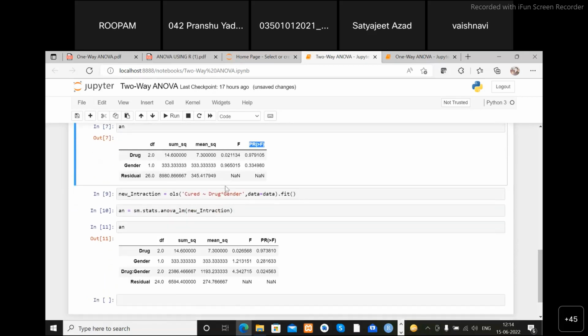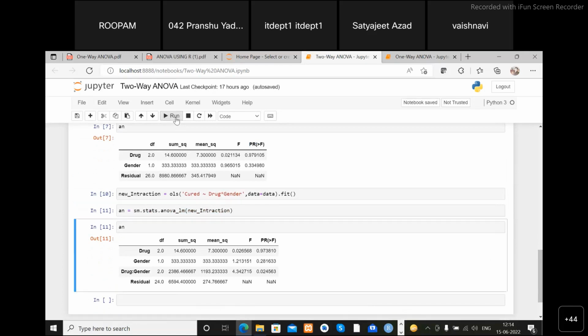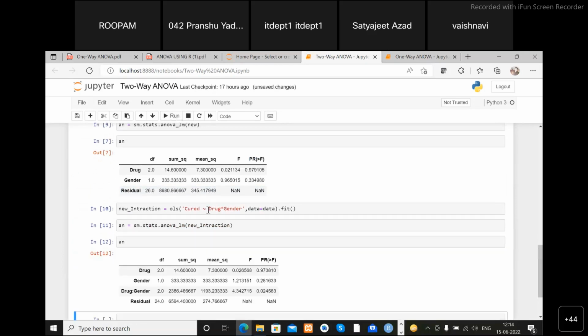But here, if you see this interaction one, it means if I select a particular gender and a particular drug, whether there is some significant effect on cure percentage or not.